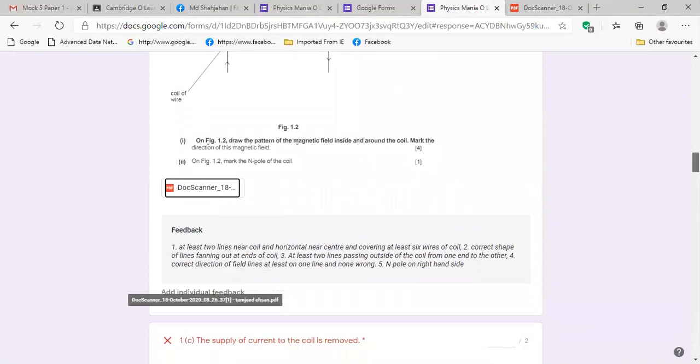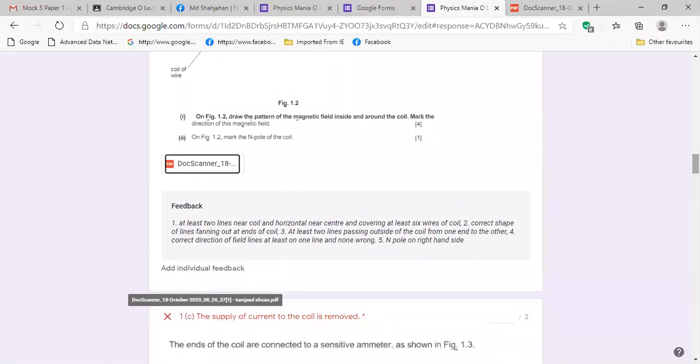Look at the feedback. At least two lines near the coil and horizontal near the center, covering at least six wires of the coil. Correct shape of lines fanning out at the ends of the coil. At least two lines passing outside of the coil from one end to the other.